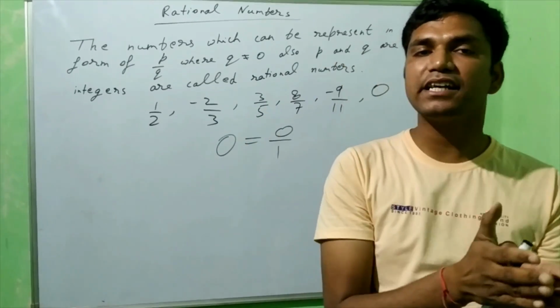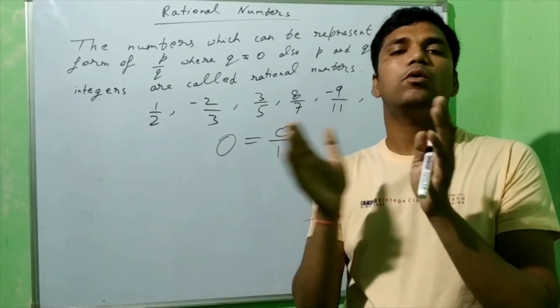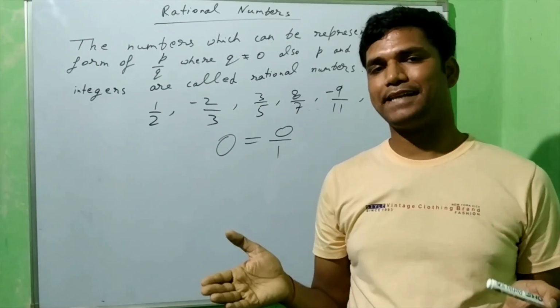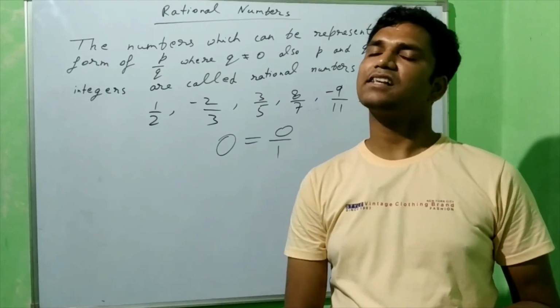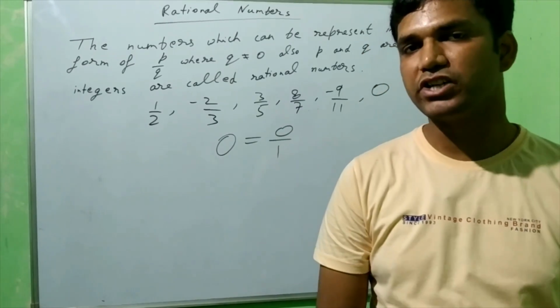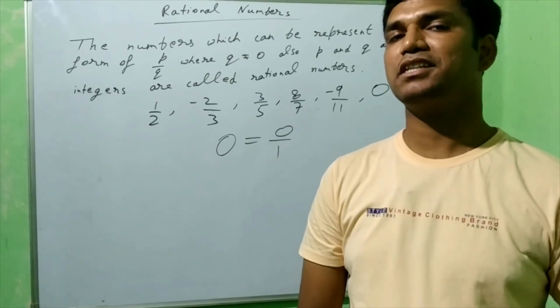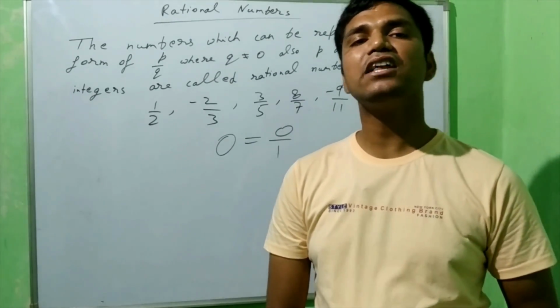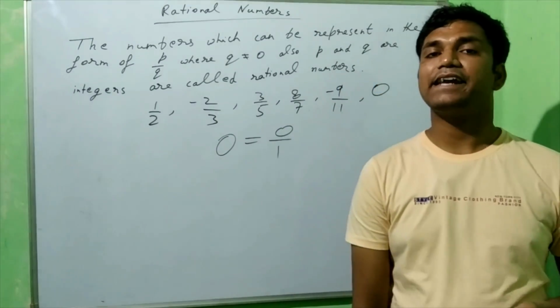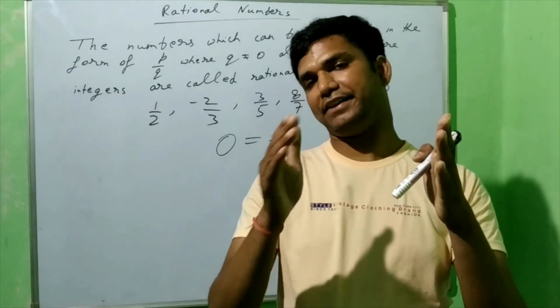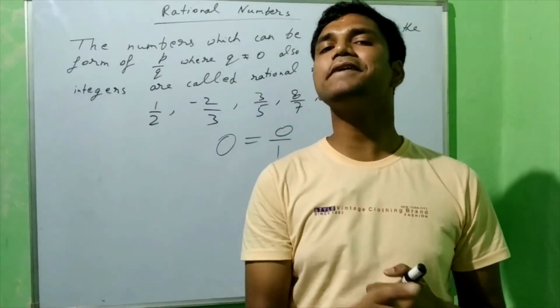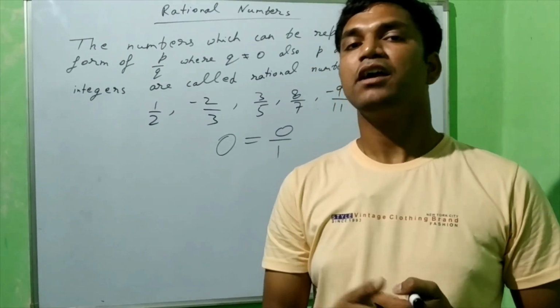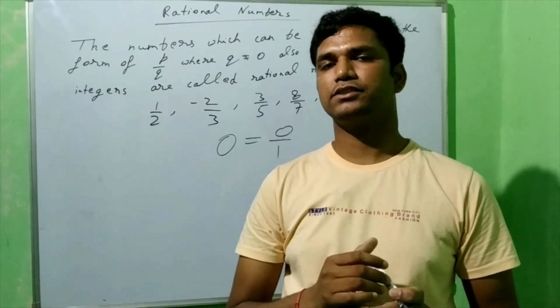Both cannot take place at the same time. One number has either a terminating decimal representation or a repeating decimal representation. And one number can also be neither terminating nor repeating, and these numbers are called irrational numbers, meaning not rational numbers.